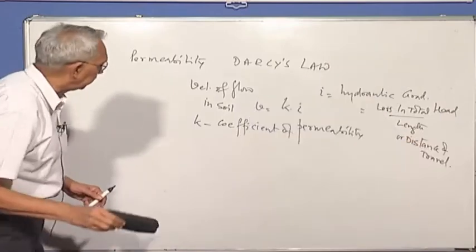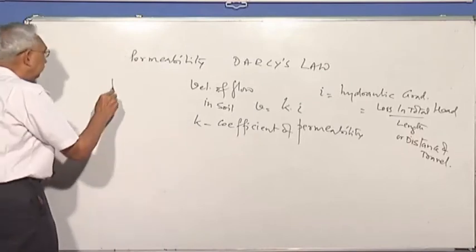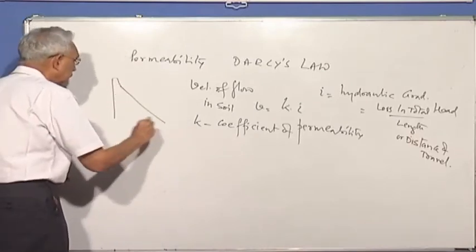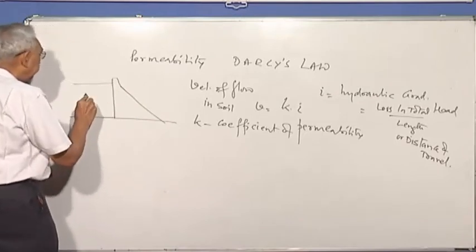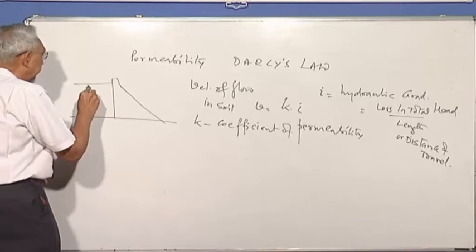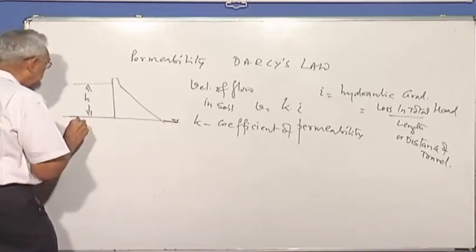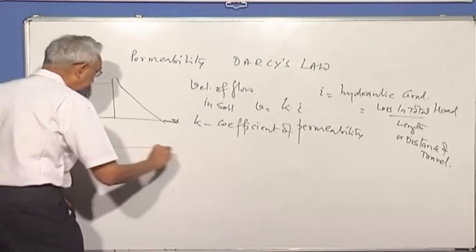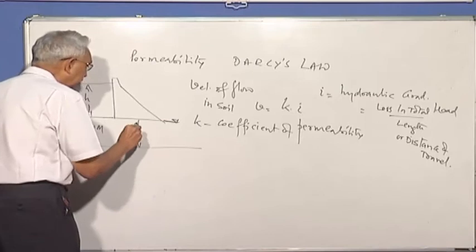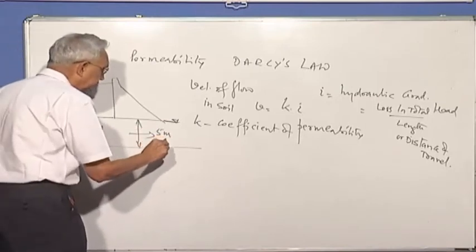For example, let's look at a simple gravity dam on soil, and I have water stored here. This is equal to H, and the water level on the downstream side is 0. Let's take the datum here, and you would like to know what will be the flow through a layer which is, let's say, 5 meters thick.